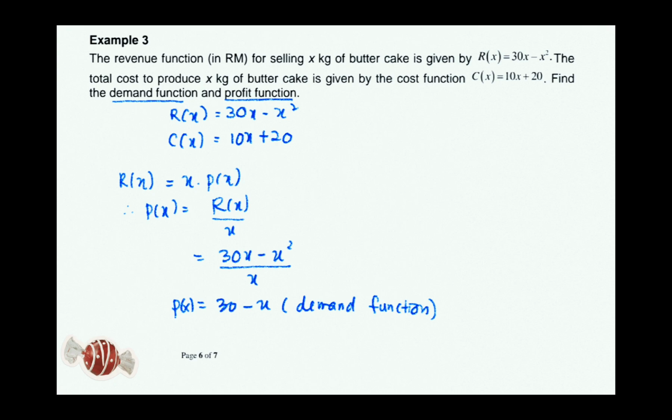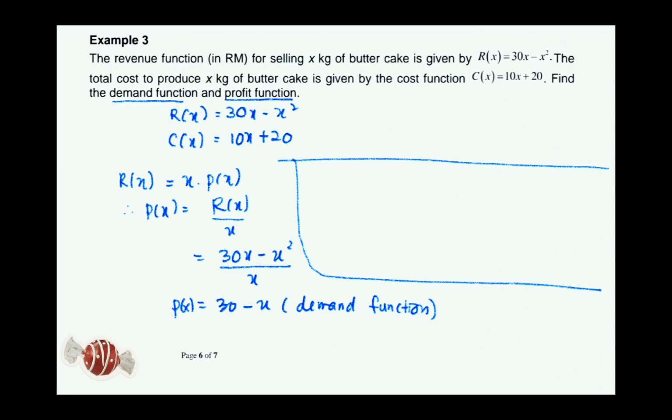Next we have to find the profit function. The profit function, pi of X, is given by the revenue minus the cost function. So what is our revenue? The revenue is 30X minus X squared, and the cost function is 10X plus 20.